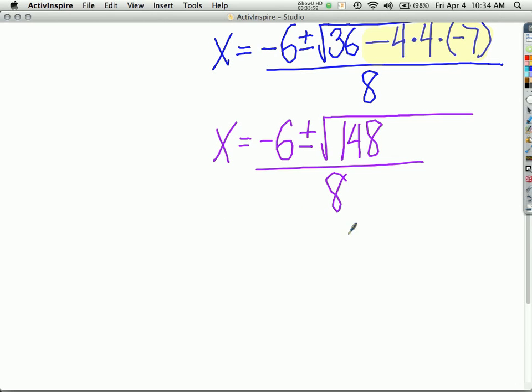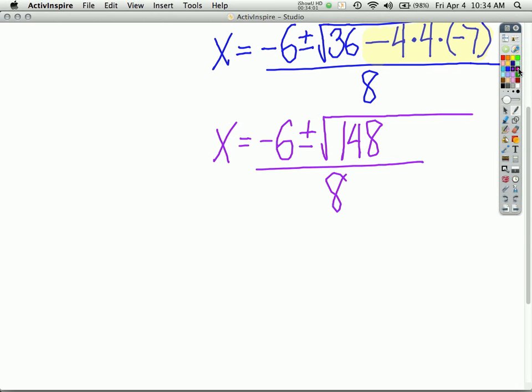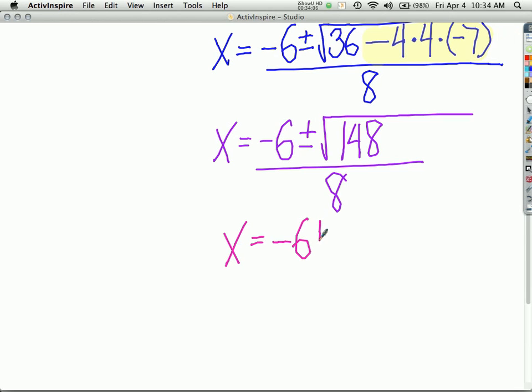So, here's where we're at now. We are at x equals negative 6 plus or minus 12.17 all over 8. And what this means is we have two expressions to simplify.